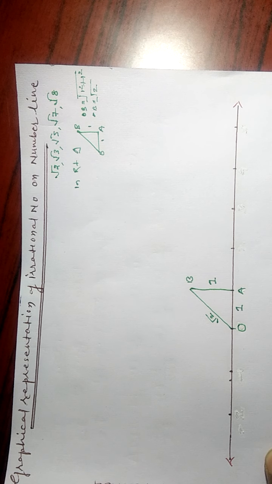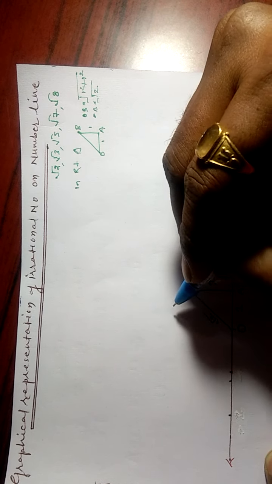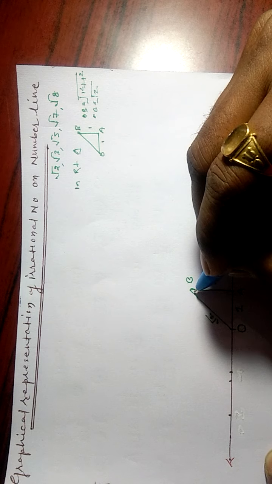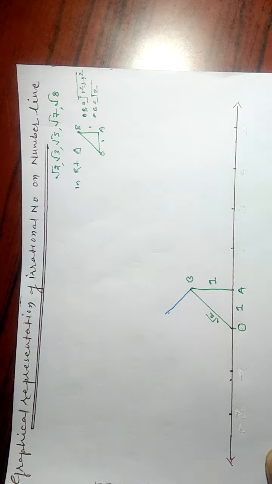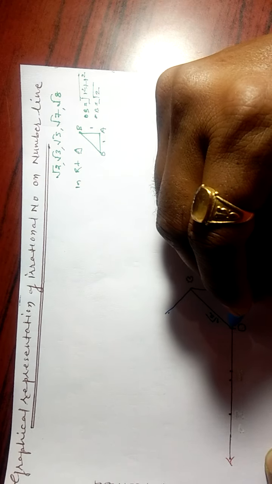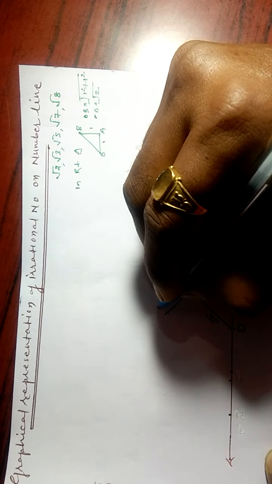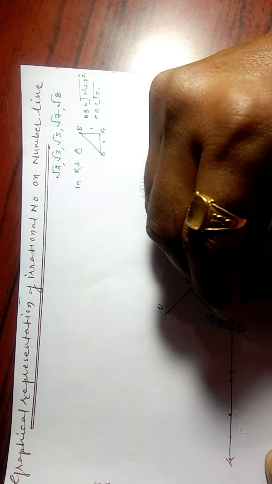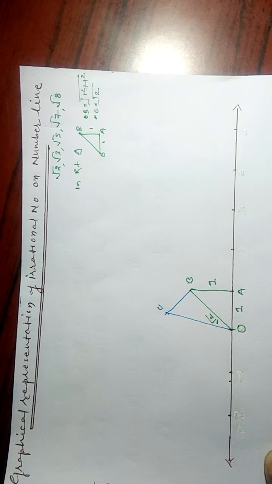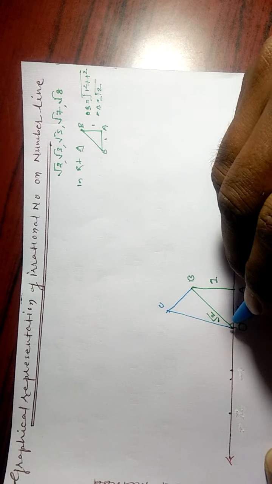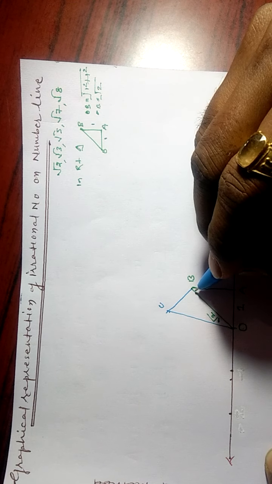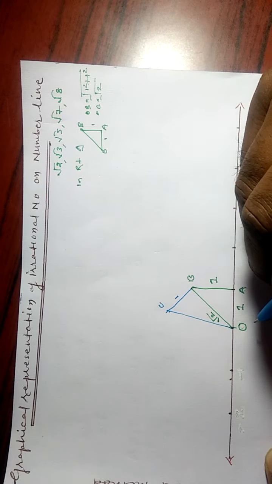Now you have to draw another 1 centimeter which is perpendicular to this OB in this manner. Now join this, now consider it C. Now join this OC. If you observe very minutely, in OBC, OB is equal to root 2, BC is equal to 1.